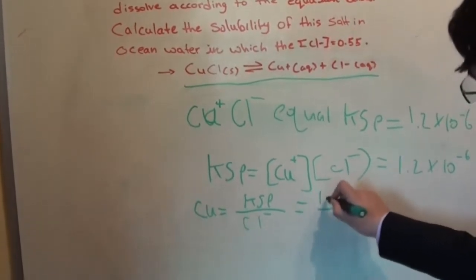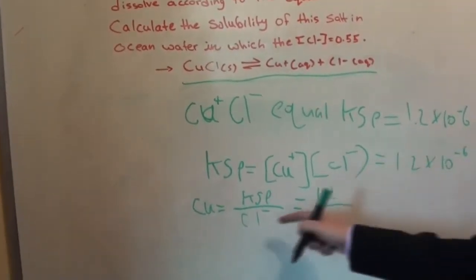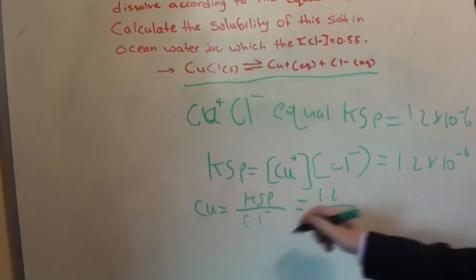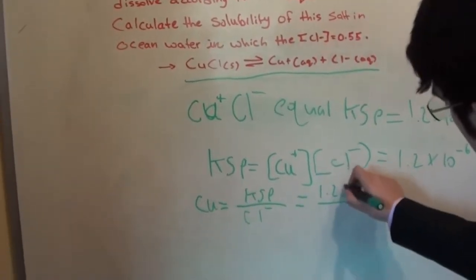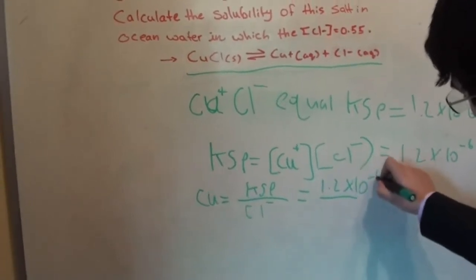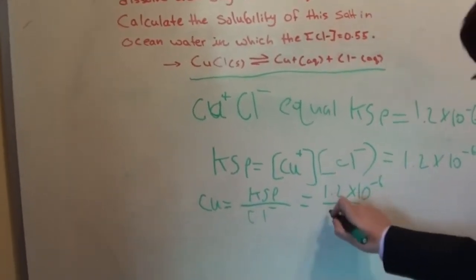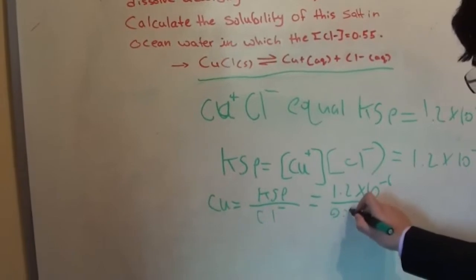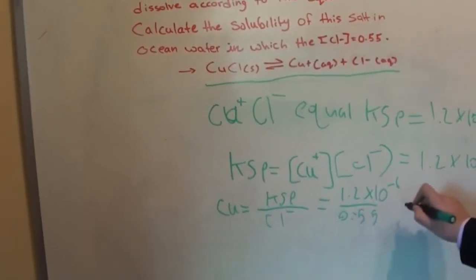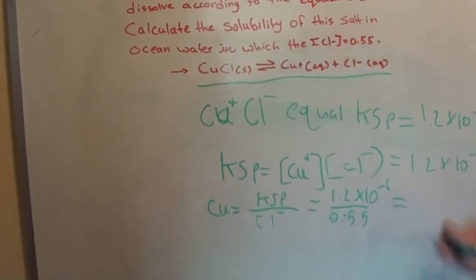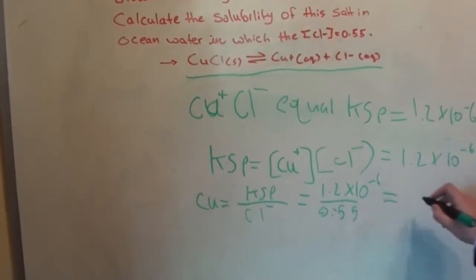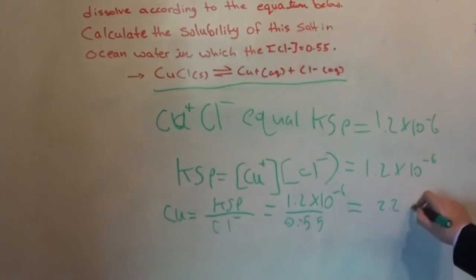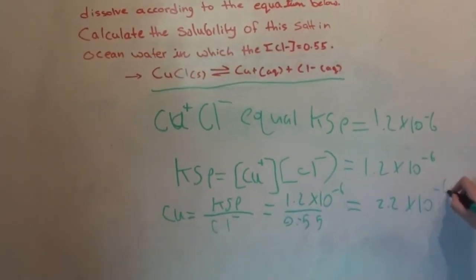It's basically just plugging in the numbers like this and writing down Cl. Then just do it in the calculator, and you'll get 2.2 times 10 to the power of negative 6.